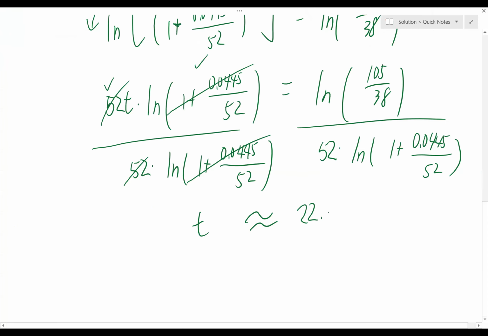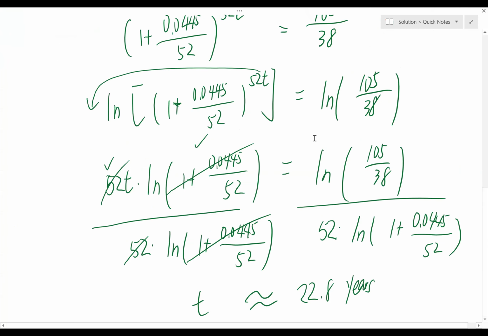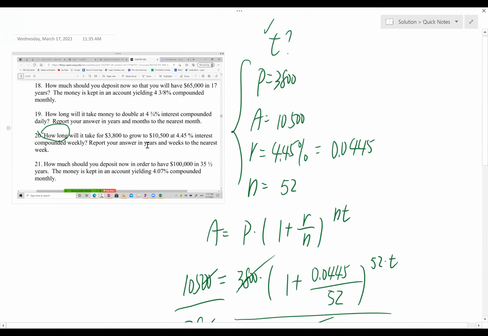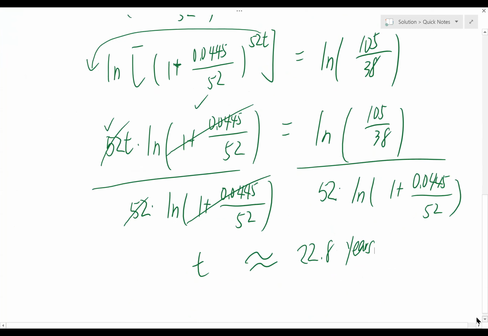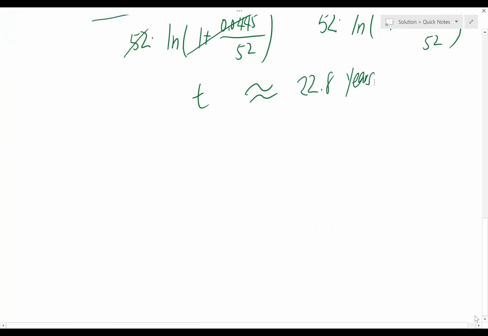And from there, I think they want us to convert it and report your answer in years and weeks, to the nearest week. So we know that it's going to be 22 years and 0.8 multiplied by 52 weeks.